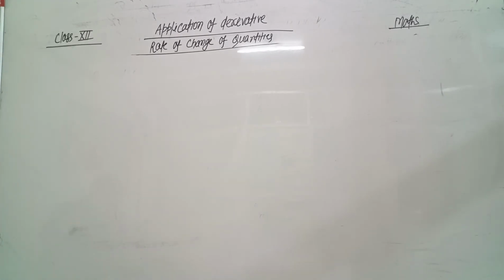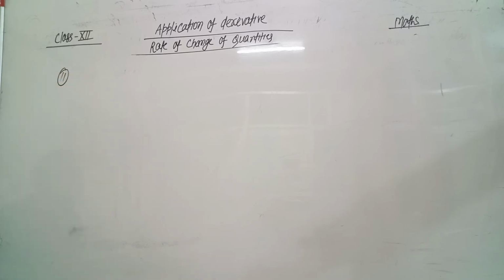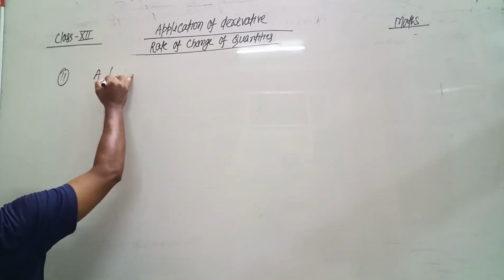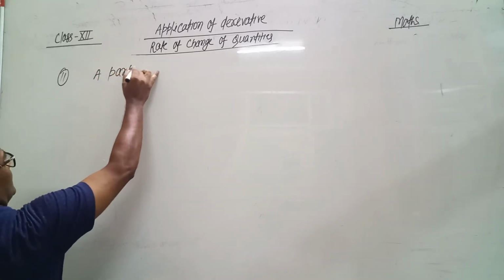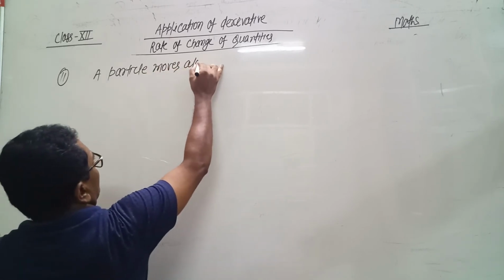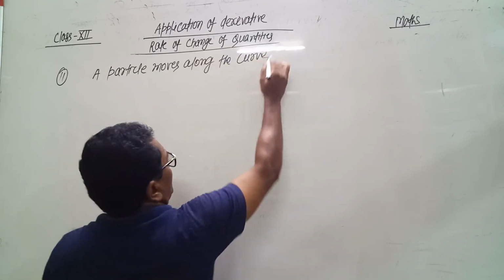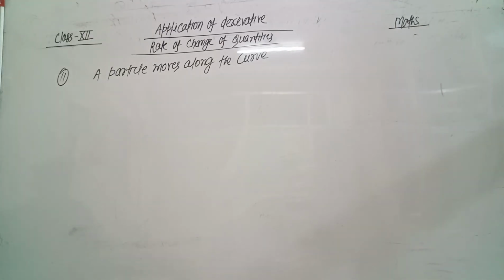Next, we discuss question number 11. A particle moves along the curve 6y equals x cube plus 2.